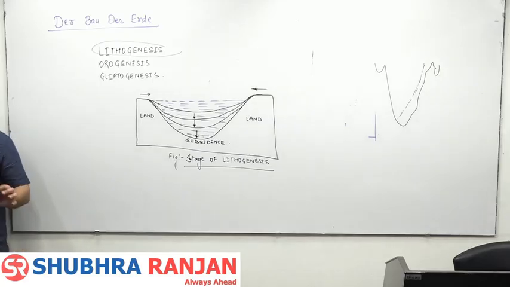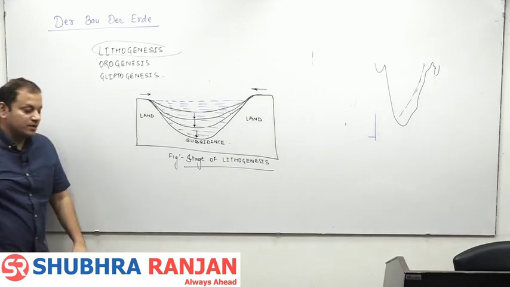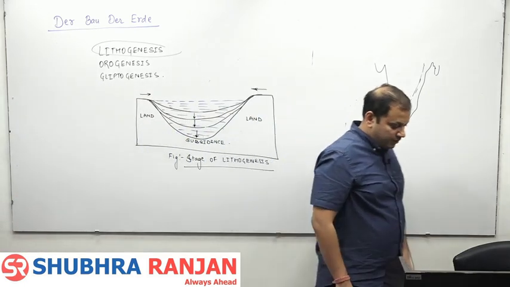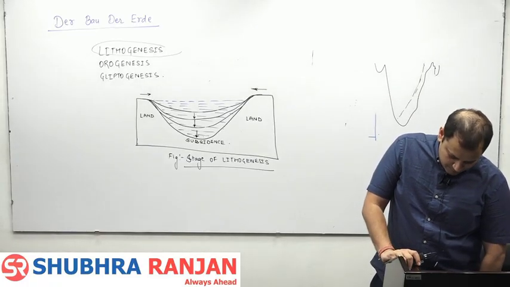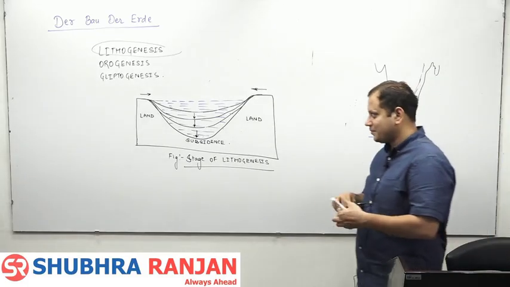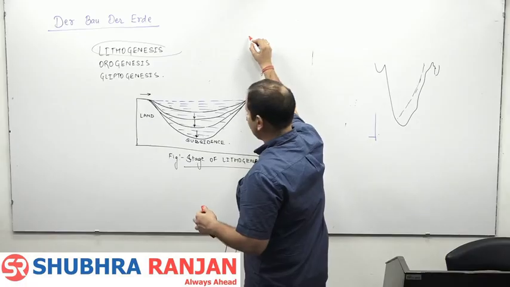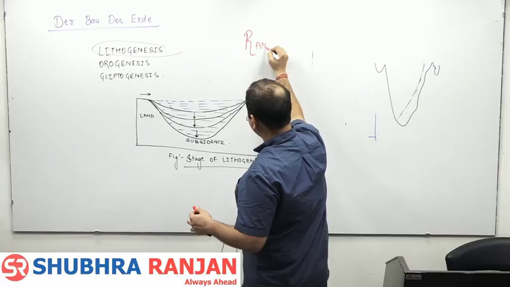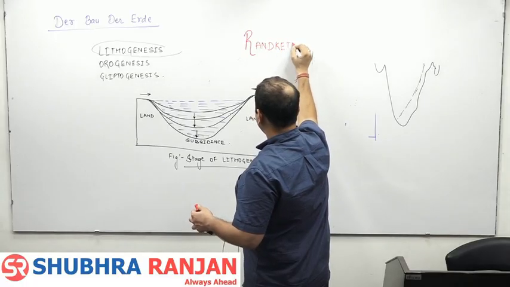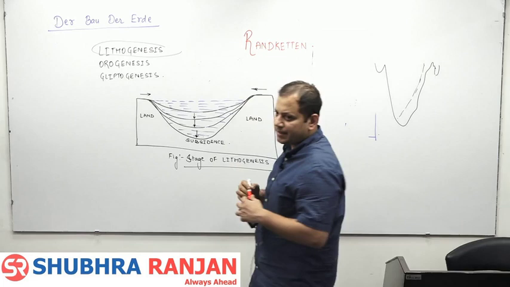Where will the squeezing happen? Along the sides. What does Kober say? Due to the squeezing of the sediments, he says marginal mountains, that is, mountains, will be formed along the sides. Marginal mountains are formed on the sides of the geosyncline, termed by Kober as Rand-Ketten.